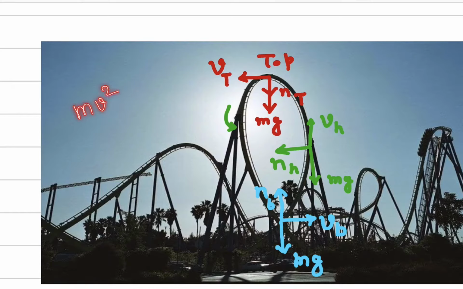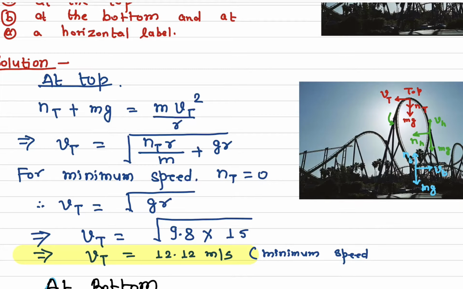And we are interested in finding the minimum speed. For the minimum speed, the normal force has to be 0. So when you plug in the normal force as 0, we get the minimum speed equal to square root of gr. We know the radius is given, which is 15 meter, and the g value is 9.8, and the speed we get is 12.12 meter per second.